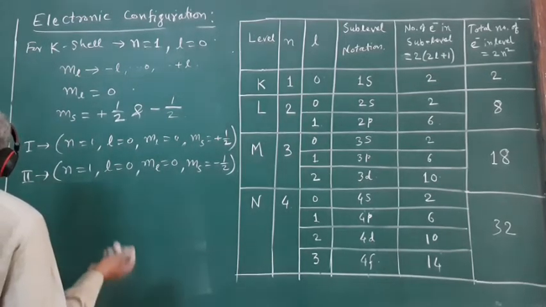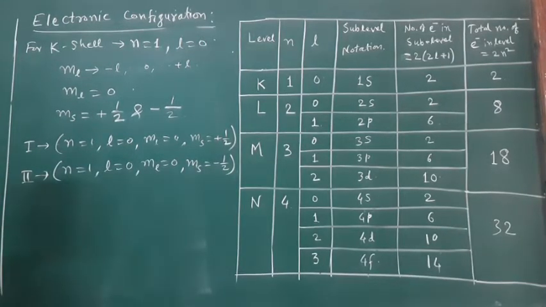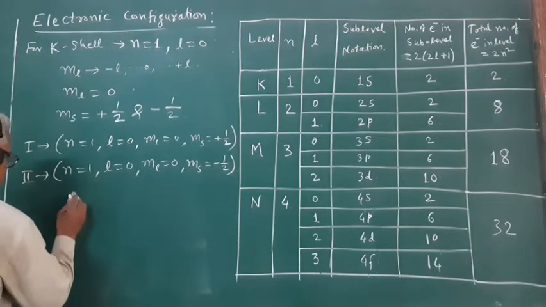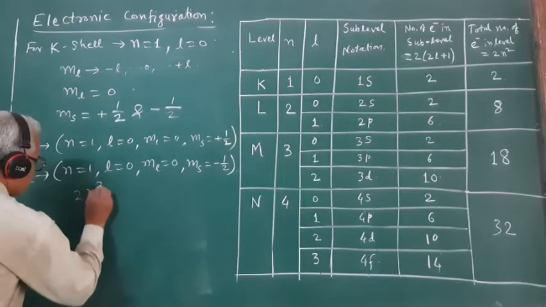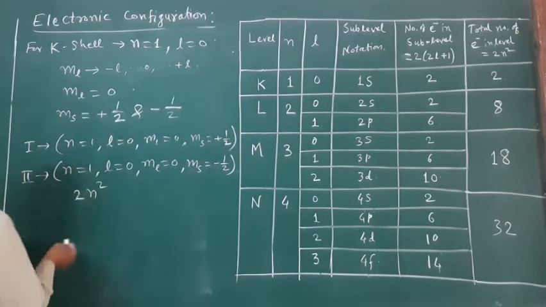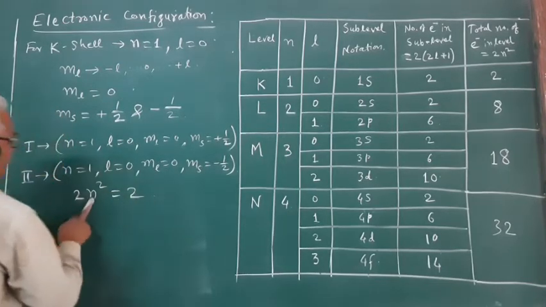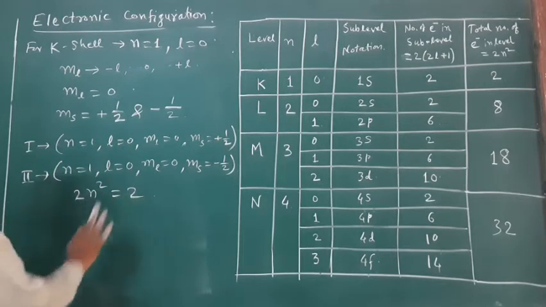In accordance with the Pauli's exclusion principle, we have seen that the maximum number of electrons that can be accommodated in a particular shell is given by twice n square, and since here n is equal to 1, this is equal to 2. If we substitute n is equal to 1, 1 square is 1 and 2 into 1 is 2 itself.